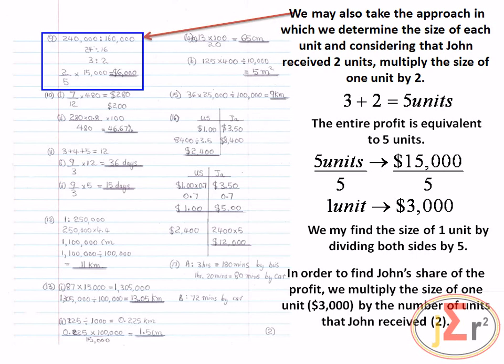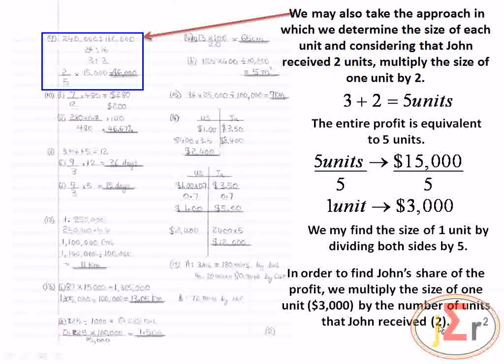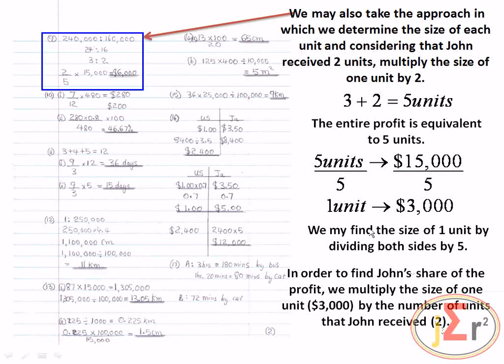So 2 units are what John received. So 2 times 3,000 is equal to $6,000, and that represents John's share of the profit.